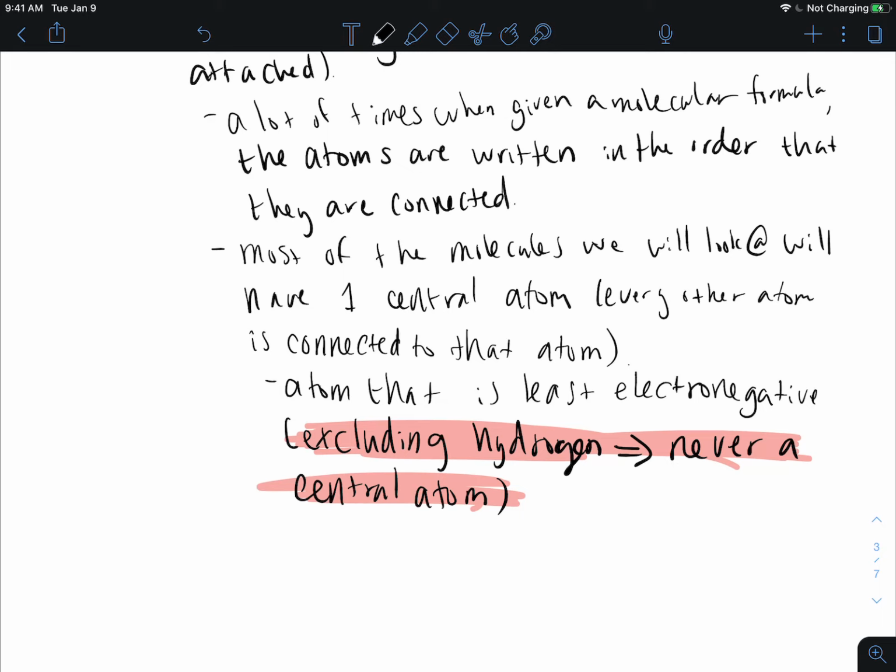Okay, after you have written the central atom, you will put the other atoms surrounding the central atom, and you'll add lines connecting those atoms.